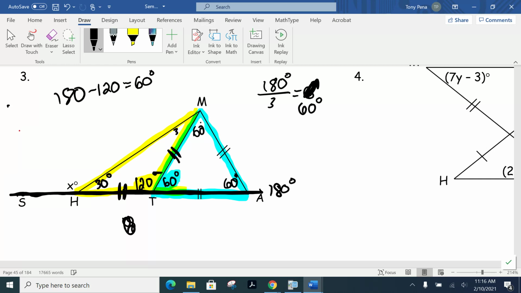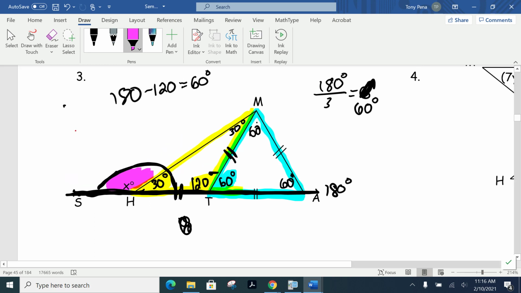So this is 30. That is 30. And then like Dahlia, she had a premonition early. She talked about it at the very beginning. This is also a straight line, right? So these two angles right here have to add up to be 180 degrees. So the yellow 30-degree angle with the missing angle X that we're trying to find, those two together better add up to be 180.